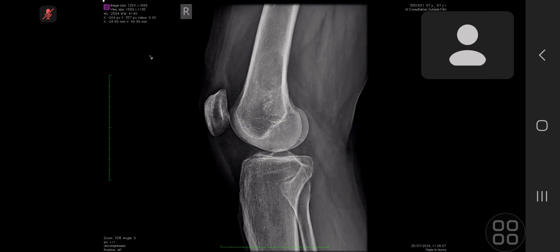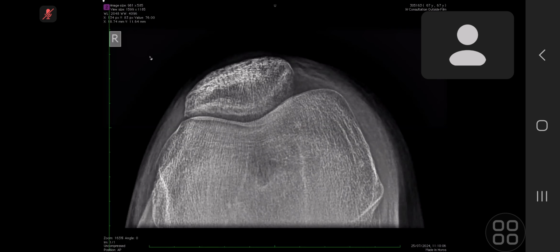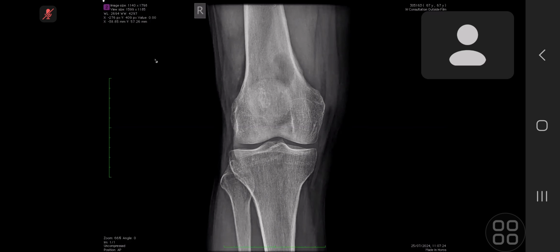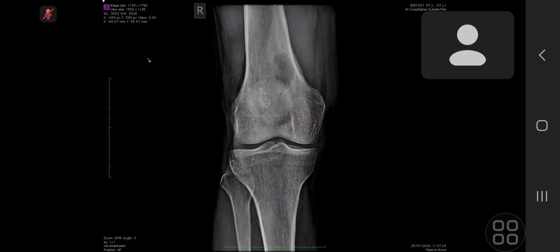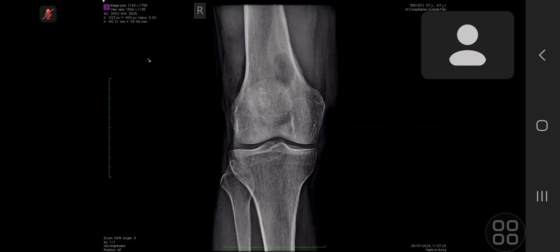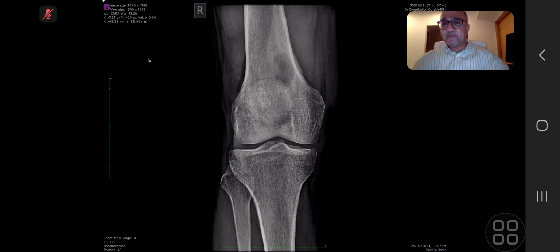Yeah, I don't see any obvious cartilaginous matrix within the lesion. Do you think this is a secondary bone tumor? Yes, sir, it's a secondary lesion, a metastasis.